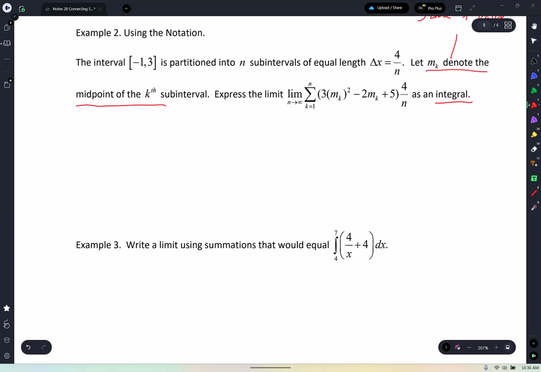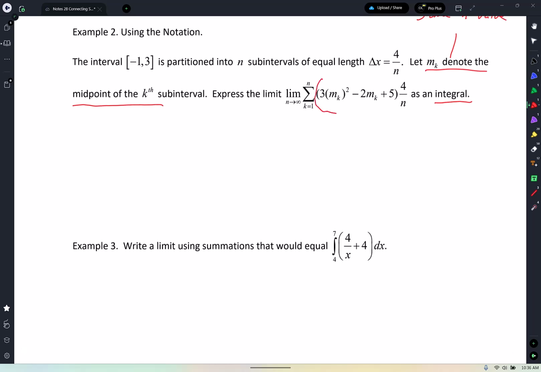It's going to be pretty simple. All right. So I can tell that this right here is your function. That's your f of x. That's your quote unquote height. And this is your width. Are we still okay? Where am I starting when I find my area under the curve? What's my first x value?